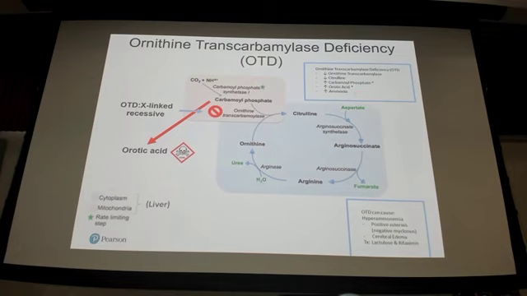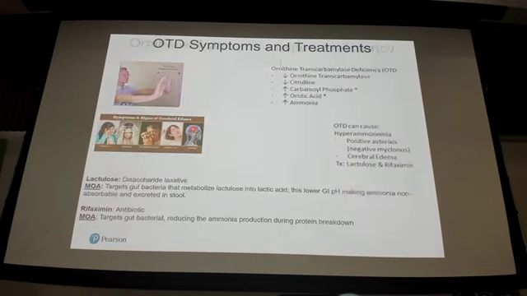That hyperammonemia will lead to symptoms such as positive asterixis and cerebral edema. What's happening is that positive asterixis is a test where you're looking at a person's motor function. The hyperammonemia interacts and disrupts the motor systems in the brain.